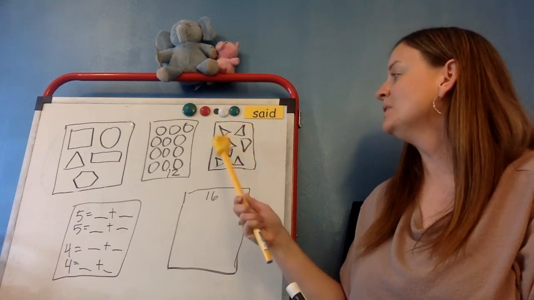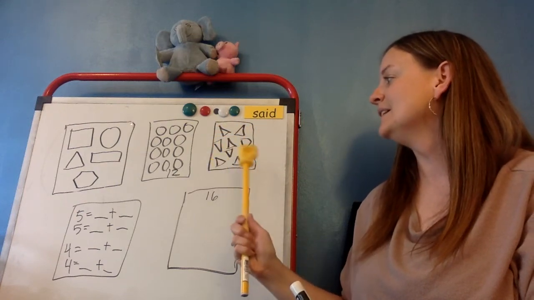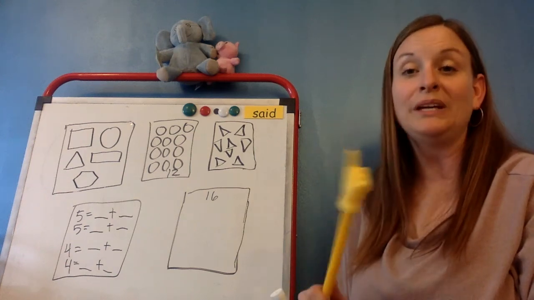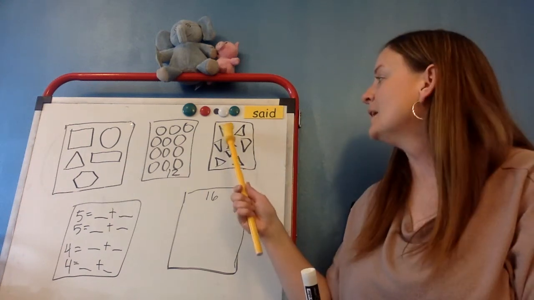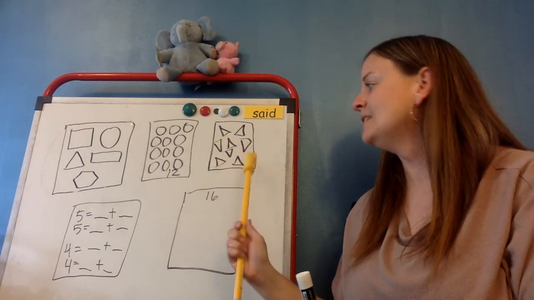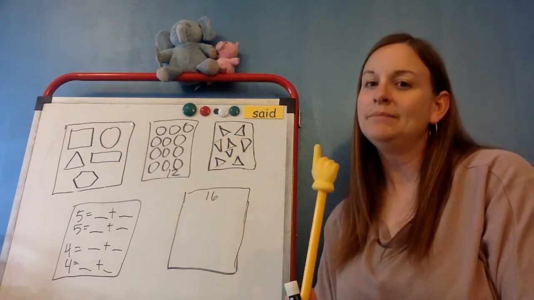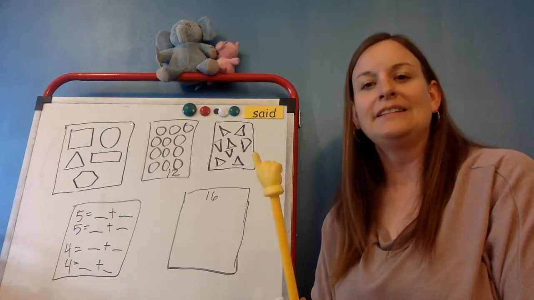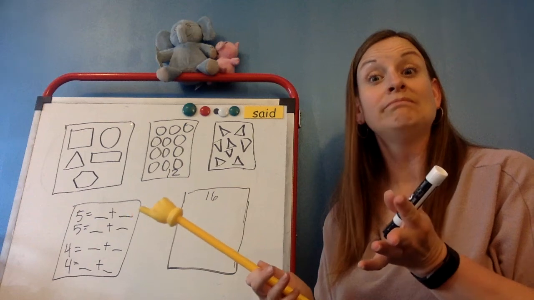Okay, let's count the triangles. 1, 2, 3, 4, 5, 6, 7. Now, Miss Black said before we write the answer, we count them again. 1, 2, 3, 4, 5, 6, 7, 8. Now wait. We got 7 the first time and 8 the second time. So do I just pick one?